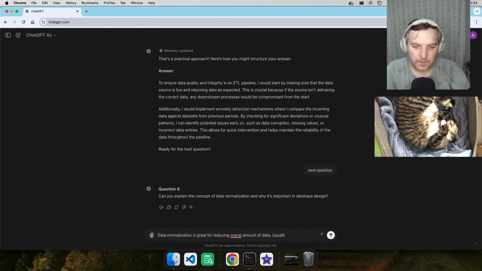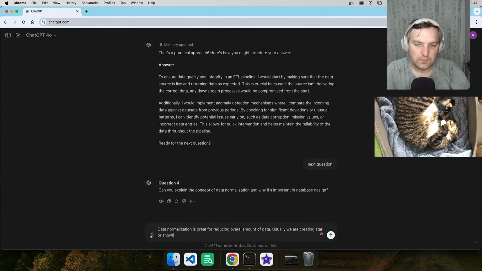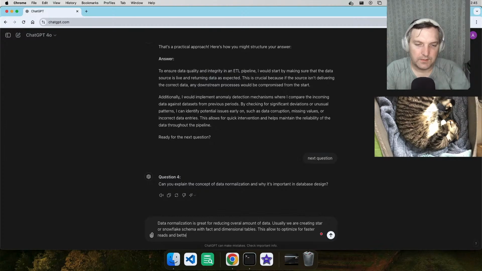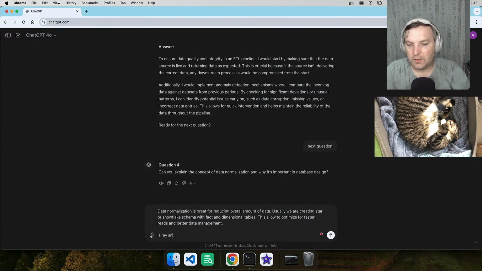Usually we are creating star or snowflake schema with fact and dimensional tables. This allows to optimize for faster reads and better data management. Is my answer correct?